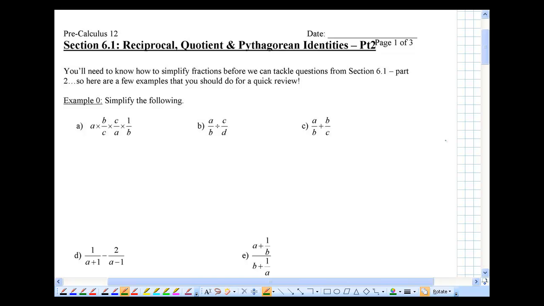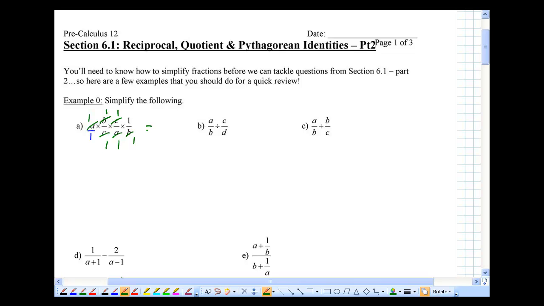When we have multiplication, I hope you remember a by itself can be written as a over 1. Before you multiply everything out, it's nice if you can divide out things. If you see something the same on the top and the bottom, when it's in multiplication format, you can divide it out. So the a and the a divide out to 1, same with the b and the b, and the c and the c.